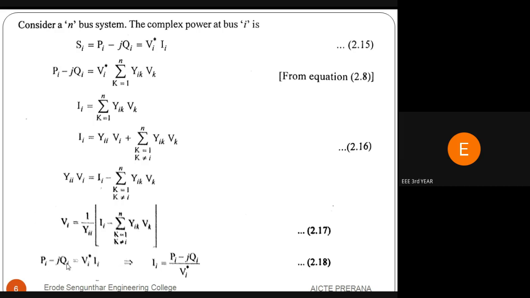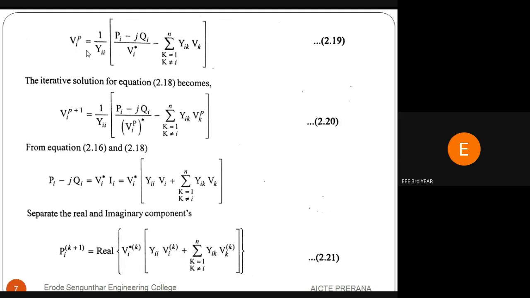So Pi minus jQi is equal to Vi conjugate Ii, that can be replaced by Ii is equal to Pi minus jQi by Vi conjugate. So Vi is equal to 1 by Yii, then Pi minus jQi by Vi conjugate, minus summation of k equal to 1, k not equal to i, up to n Yik Vk.